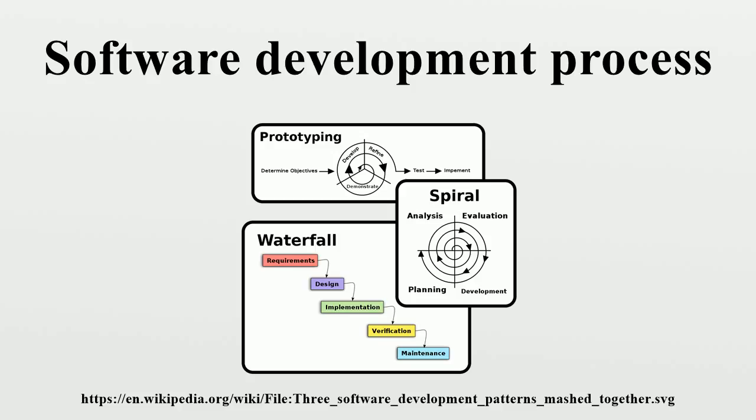Agile software development refers to a group of software development methodologies based on iterative development, where requirements and solutions evolve via collaboration between self-organizing cross-functional teams. The term was coined in the year 2001 when the Agile Manifesto was formulated.